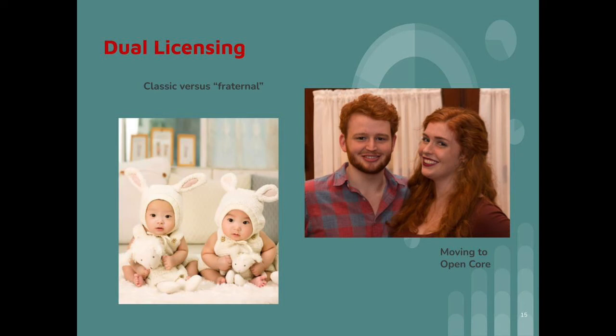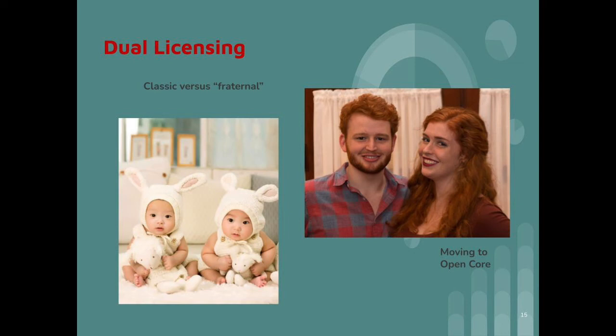So the fraternal twin model, which is represented by the other picture, is where the product is available under two different licenses, but the version of the product that's available under the proprietary or commercial license, as opposed to the one that's available under the open source license, they're slightly different. Classic dual licensing really means the exact same product is available under two different licenses.